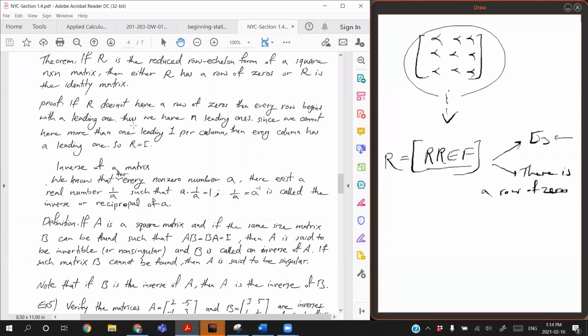And we know in the reduced row echelon form, you cannot have any number other than 0 above or below the leading 1s. That will automatically make this the identity, because you have 3 leading 1s. The leading 1s have to form a staircase. So the leading 1 further down must be further to the right. And also there must be zeros above and below the leading 1s. So if you have 3 leading 1s, then it's the identity.